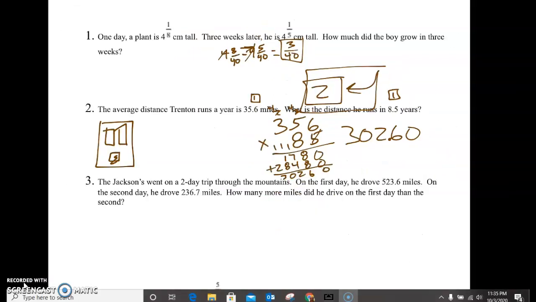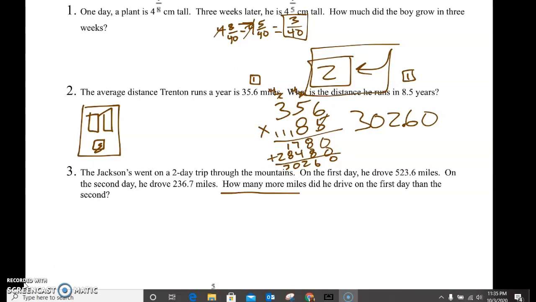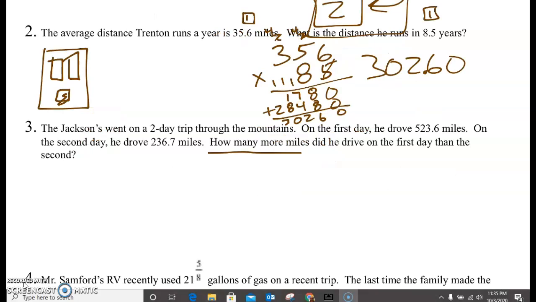All right, number 3. The Jacksons went on a 2-day trip through the mountains. On the first day, they drove 523.6 miles. On the second day, he drove 236.7 miles. So how many more miles, how many more means subtract, did he drive on the first day than the second? So I've seen several of y'all in class do this when multiplying decimals, but it's only necessary in adding and subtracting.